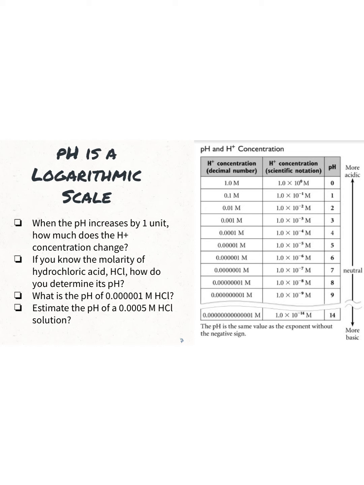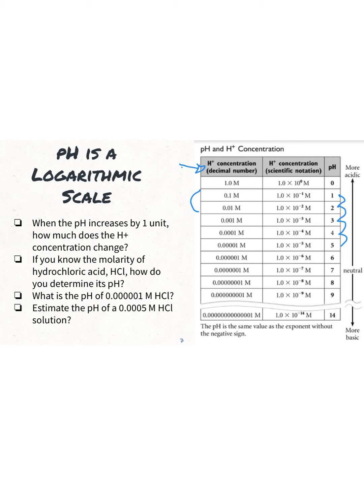Okay, so first let's answer the first question. As pH increases by 1 unit, you can see that every time it does, if we compare these two here, the decimal moves over by 1 position. So what's happening is that the H+ concentration is decreasing by a power of 10 every single time the pH number goes up by 1.